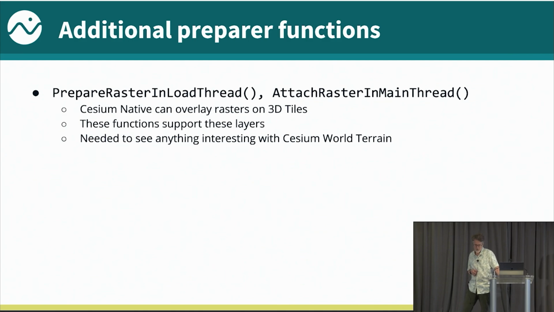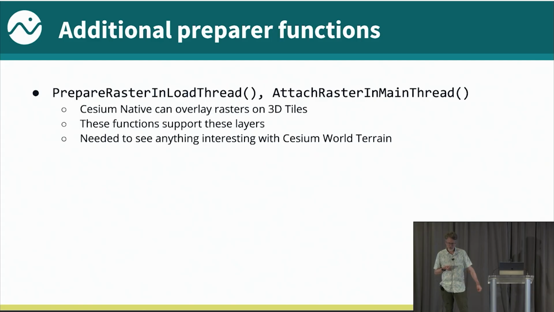And there's a few more. Cesium Native can overlay arbitrary raster imagery on 3D tiles, which is kind of cool. And in order to support these, there are separate functions for turning these rasters into textures, for instance. Okay, almost done.